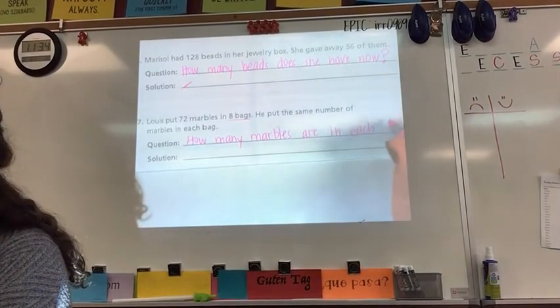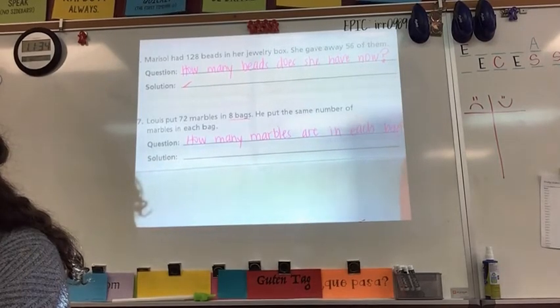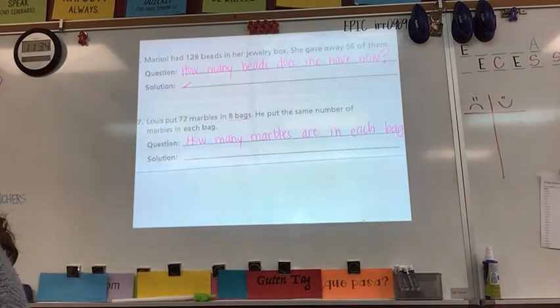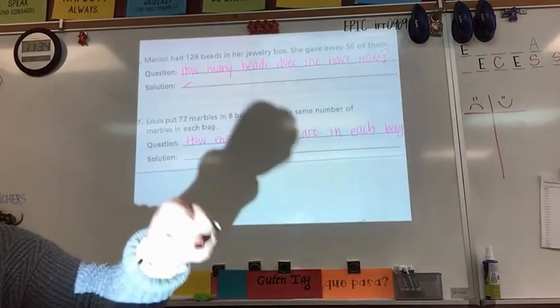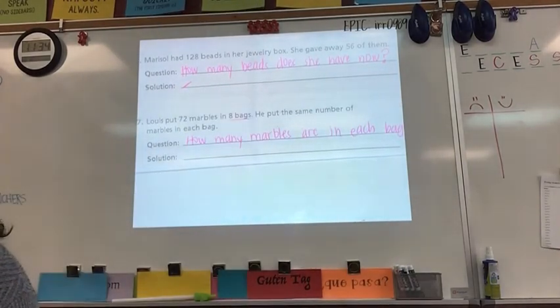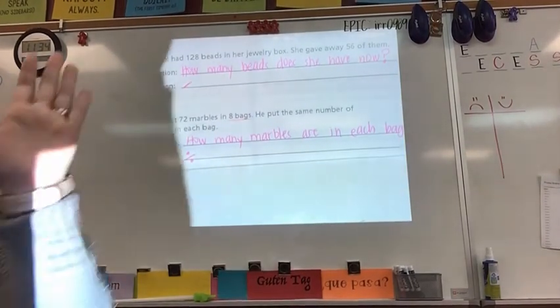Oh my goodness gracious, Gunnar and Hadley. Dax, if I had a big total number 72 and I split it evenly into 8 bags, what operation would that be? So the operation you did was division, right? Very good.